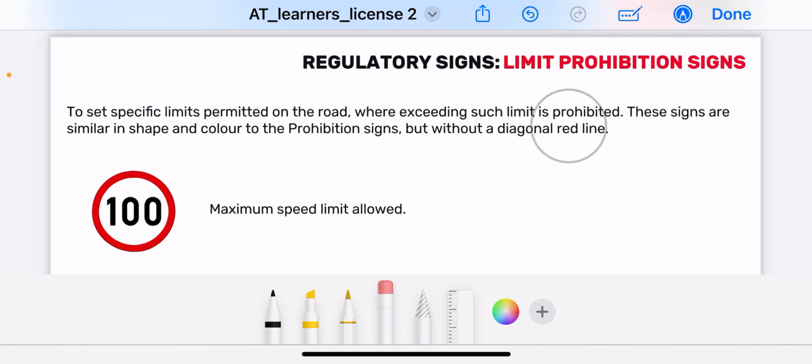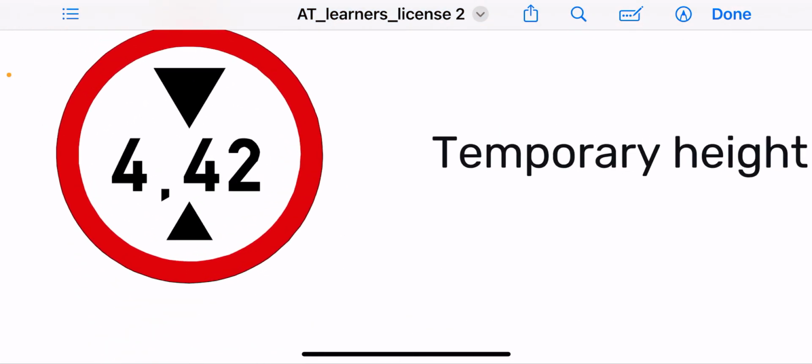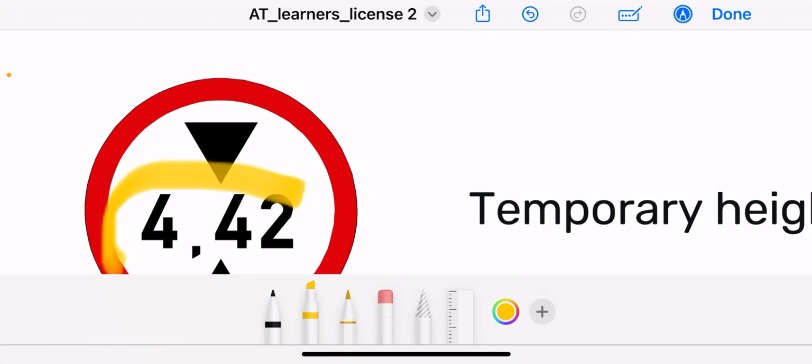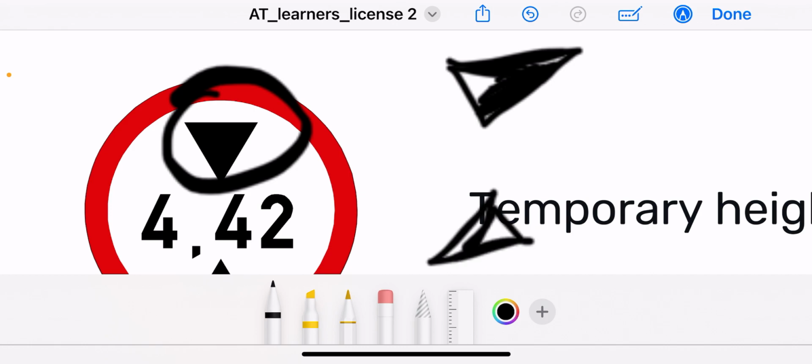Okay? Then you go down, you have this one. You see how this thing is? This is for height. It's a height limit. How do you see it? You see it with these, they are facing down like this. Then you have this other one.